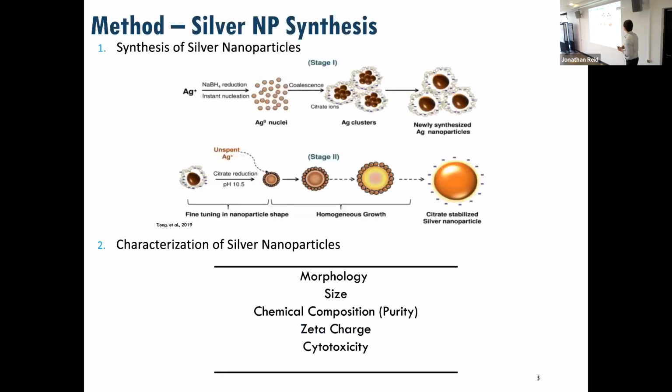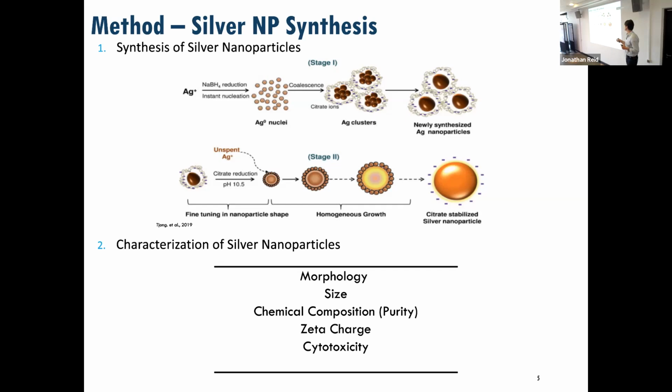So to start with, I started making the silver nanoparticles. I started from the charged silver, and using the reducing agent sodium borohydride, I neutralized the silver, which will start to aggregate together. Then, using a capping agent, sodium citrate, I have citrate charges around the silver to protect them.